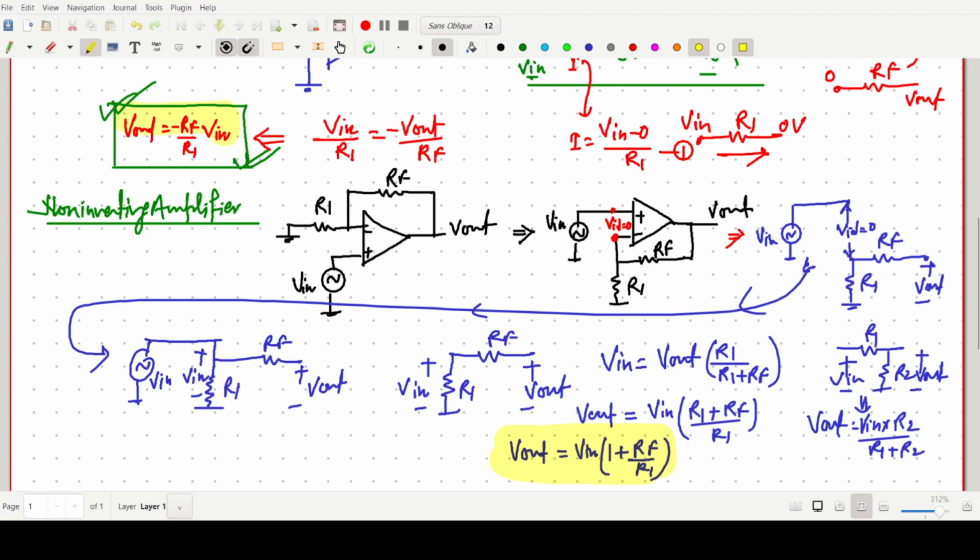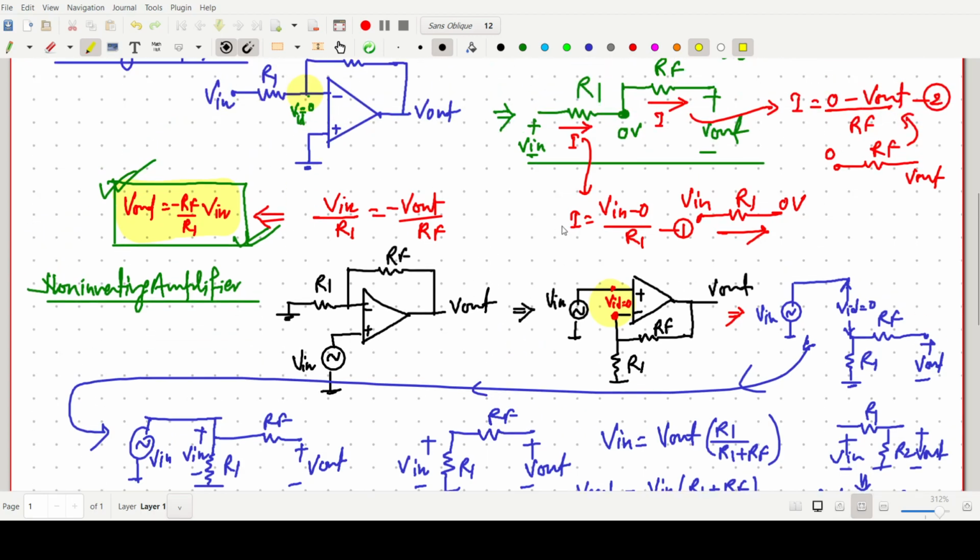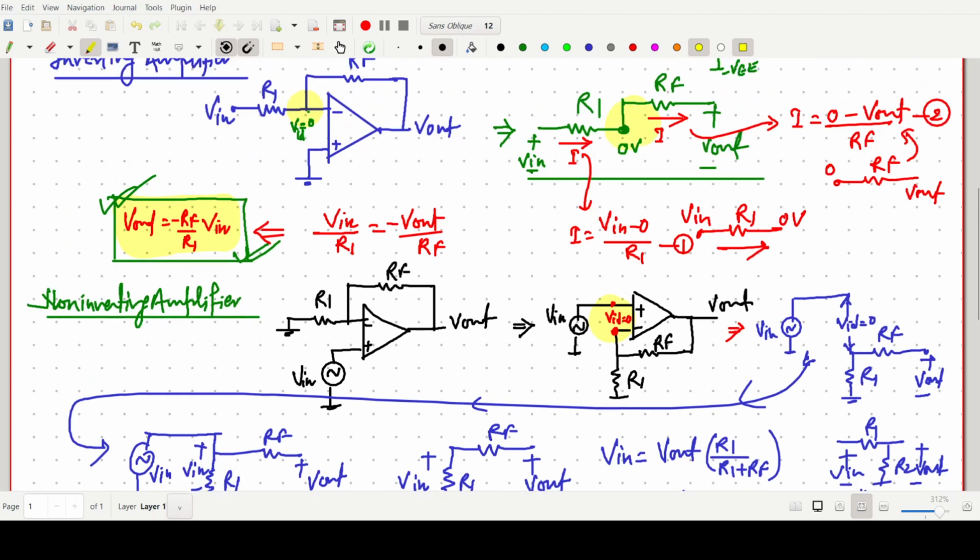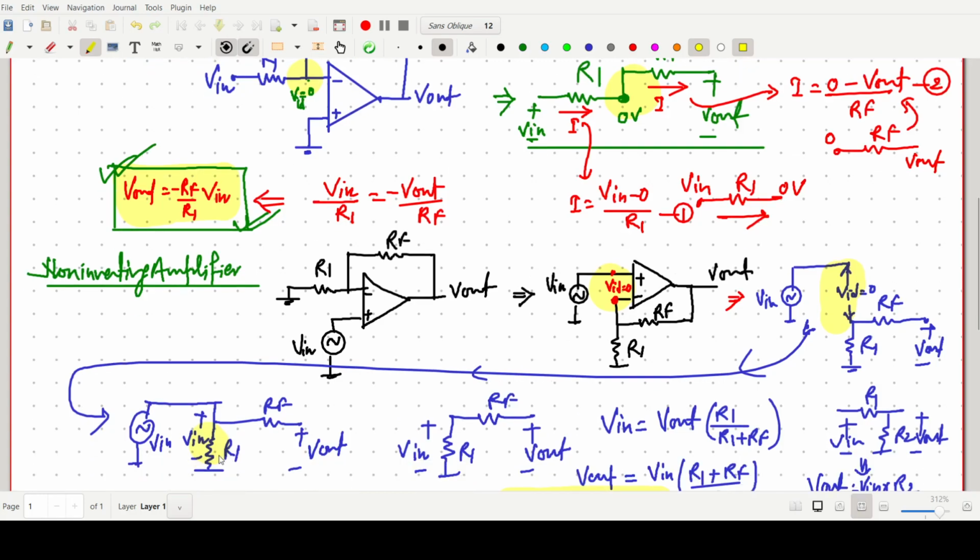Inverting, non-inverting, clear? So it is very simple. You only have to think about the virtual ground concept that I have used here. Here we have to make it 0 volt, here 0 volt. So the voltage across this point will be the same as V in.